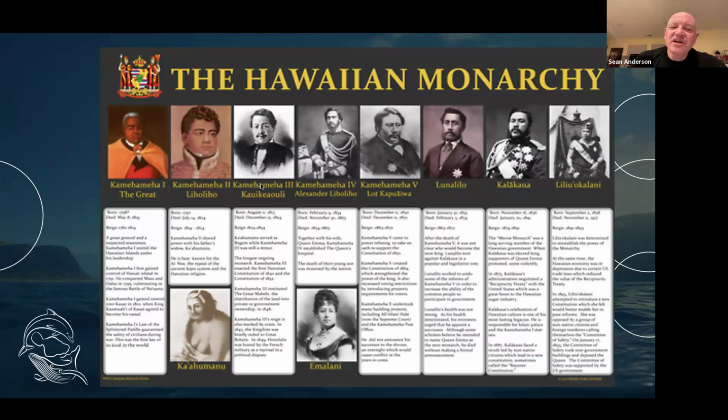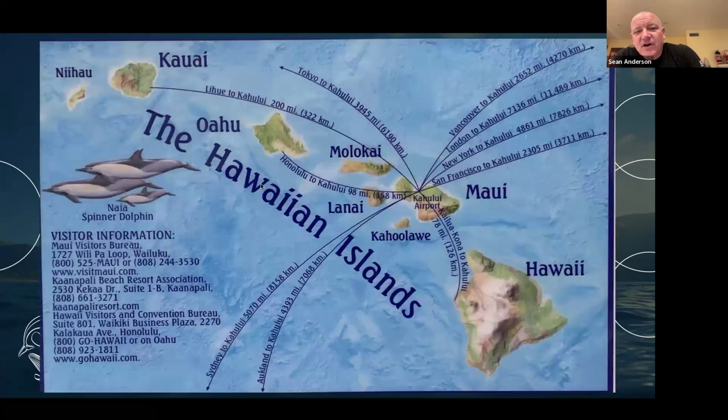So we don't have time to go into all of this, but suffice it to say, all of these areas were originally distinct and managed separately. They were unified under King Kamehameha, and he really set the modern political framework up until American colonists and business interests essentially overthrew that monarchy.